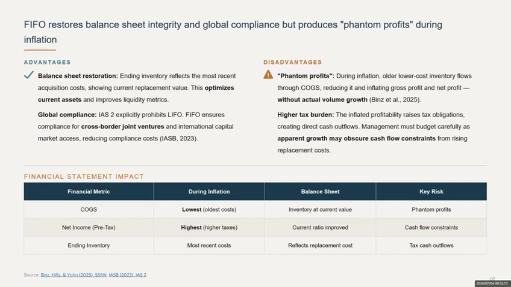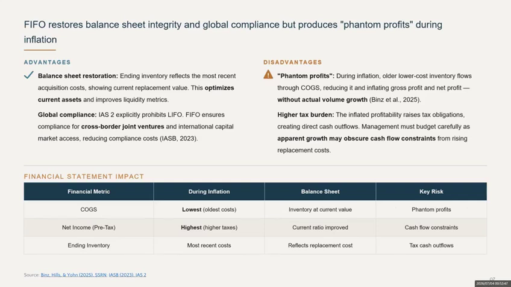The FIFO method ensures that ending inventory on the balance sheet directly reflects the latest purchase cost, accurately representing the current replacement value of stocks. This not only optimizes working capital levels but also improves liquidity metrics such as the current ratio, thereby enhancing a company's borrowing capacity.